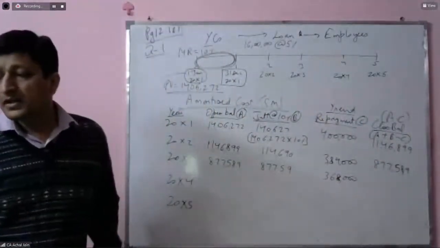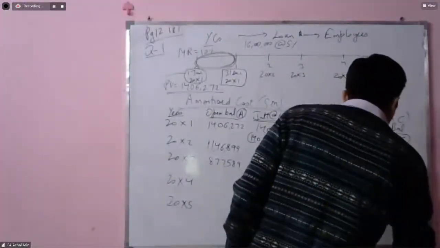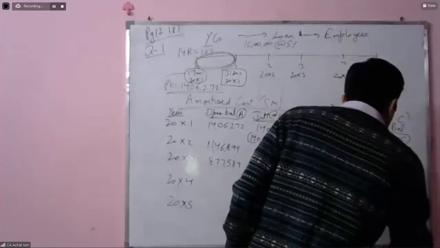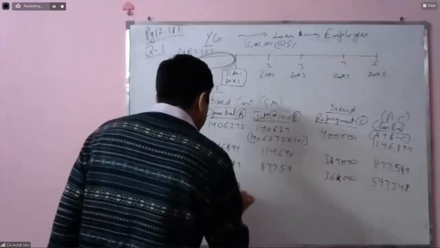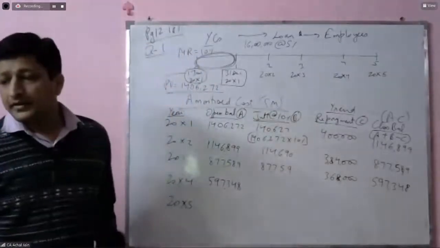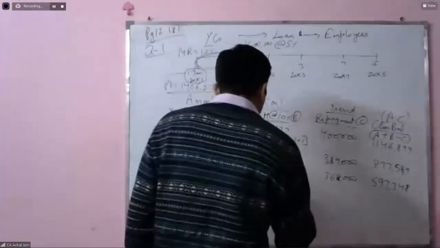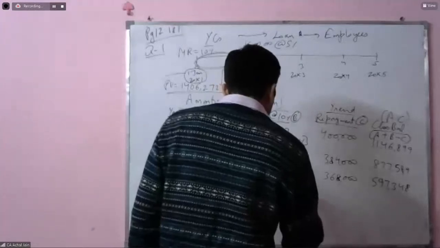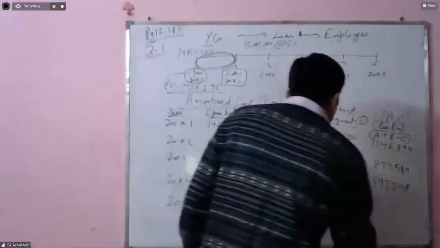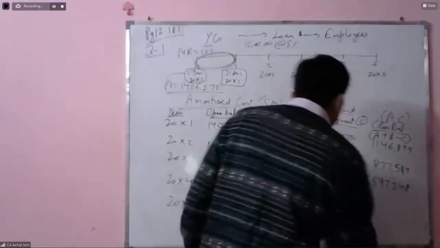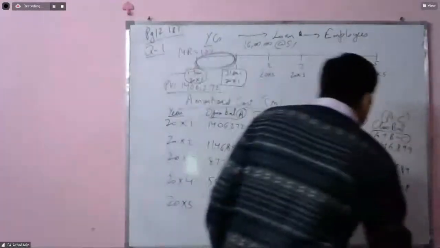What's the closing balance? 5,97,348, which then becomes the opening balance. Then we once again compute the interest, 59,735. Then we compute the repayment, 3,52,000. And then we get the closing balance once again, 3,05,083.